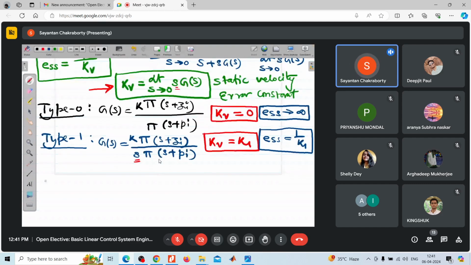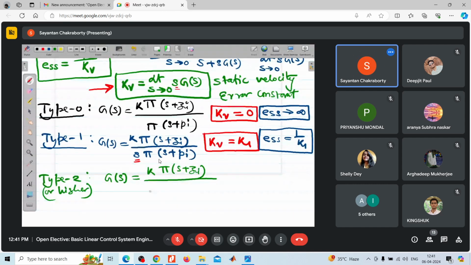And finally, for type 2 Gs or higher, I'm writing or higher means k over s to the power n, where n equal to 2, 3, and so on.